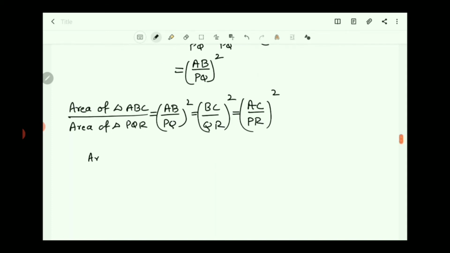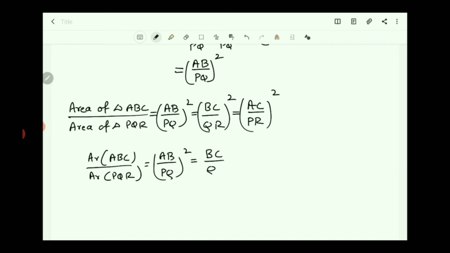So in short you can write area of triangle ABC by area of triangle PQR is equal to AB by PQ whole square is equal to BC by QR whole square is equal to AC by PR whole square.